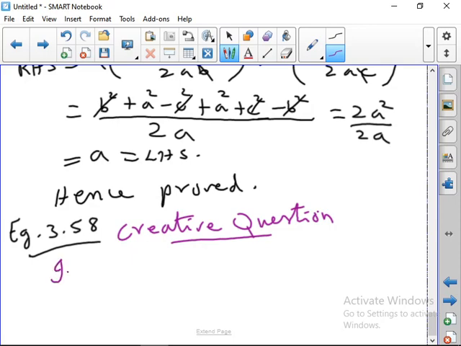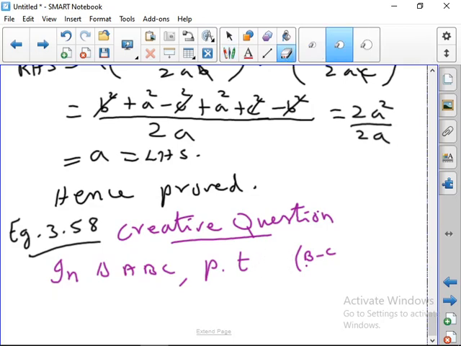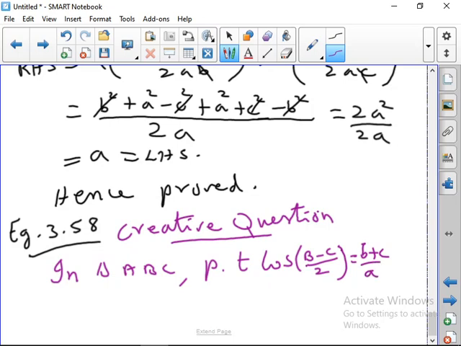So this is the question. In triangle ABC, prove that sin((B minus C)/2) by cos((B minus C)/2) is equal to (B plus C) by A sin(A/2).